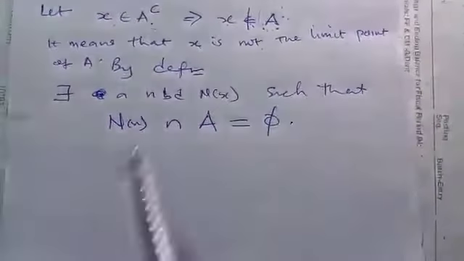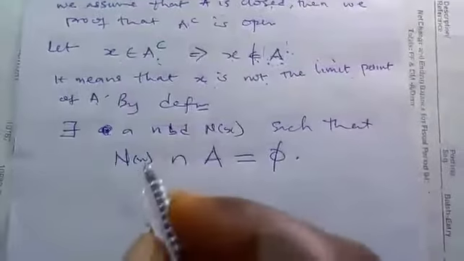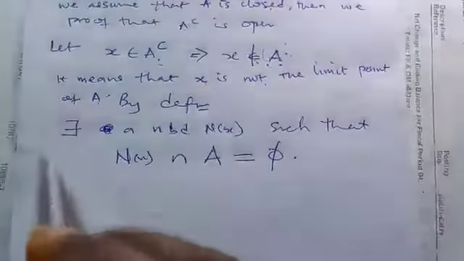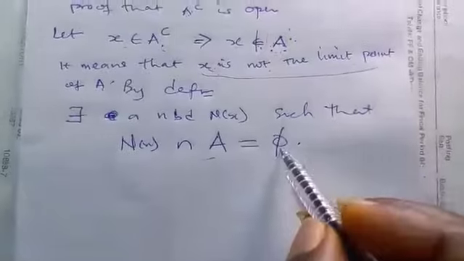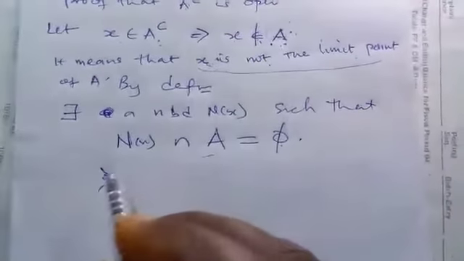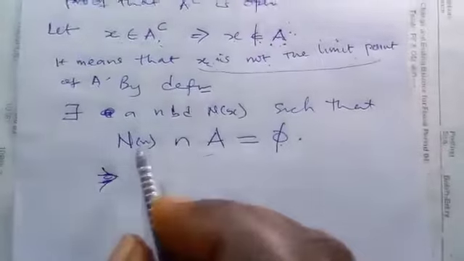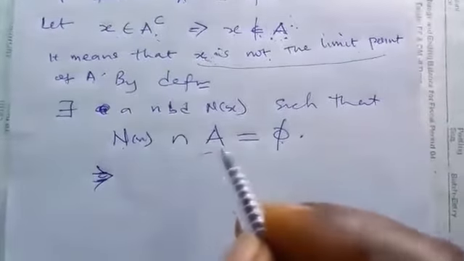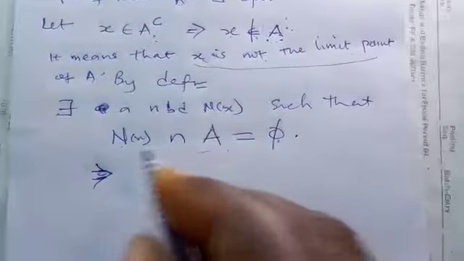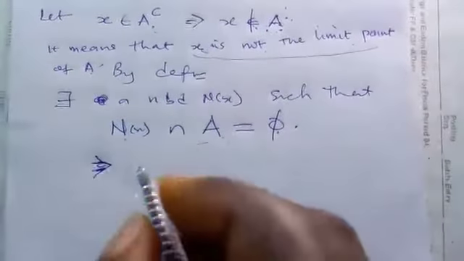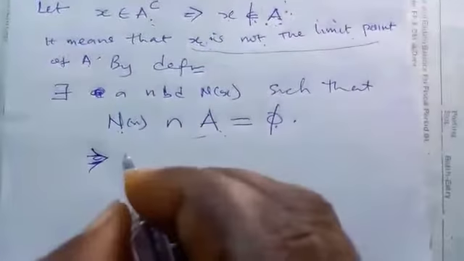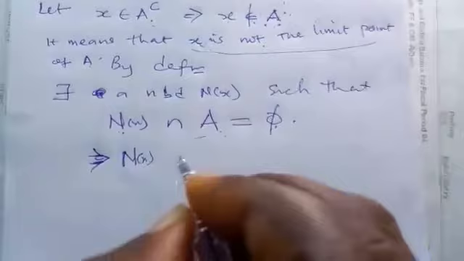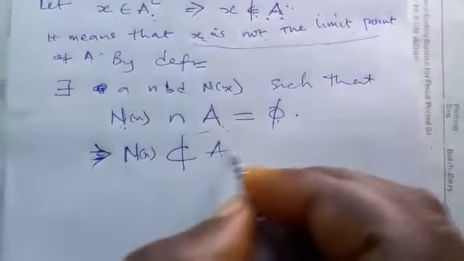That is what we just showed, because S is not a limit point. In set theory terms, N intersection A being empty means N cannot be a subset of A, because if N were a subset of A, their intersection could never be empty. They are disjoint.